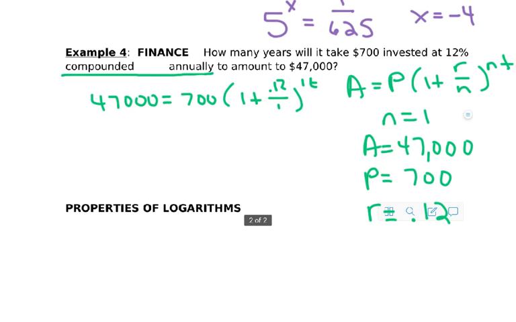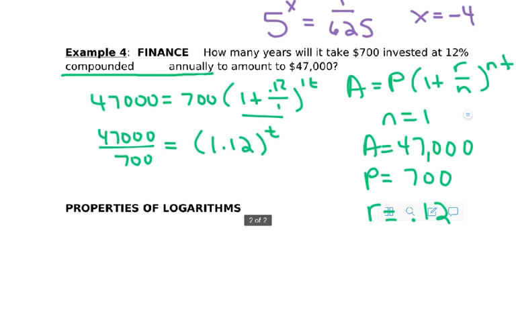So 47,000 divided by 700 is going to give you a decimal. Because I want to get the most exact answer I can get, I'm just going to leave it like this. In the parentheses, 1 plus 0.12 is 1.12, and then 1 times t is just t.